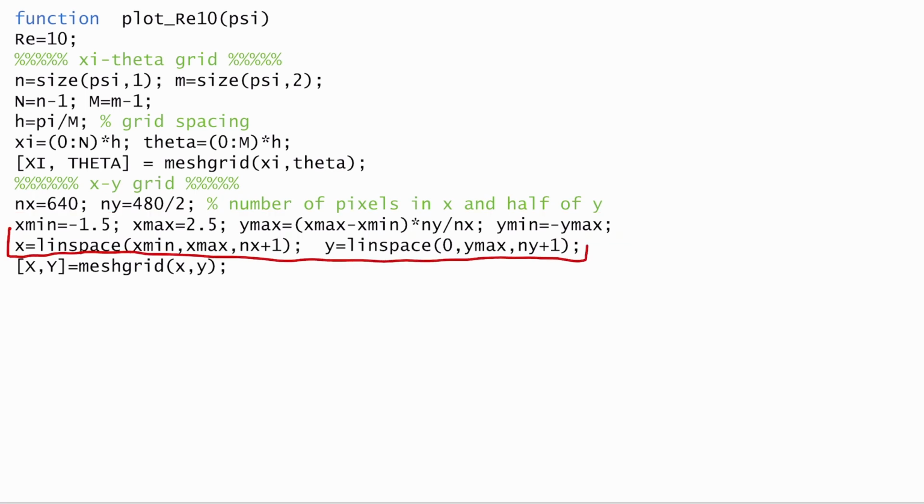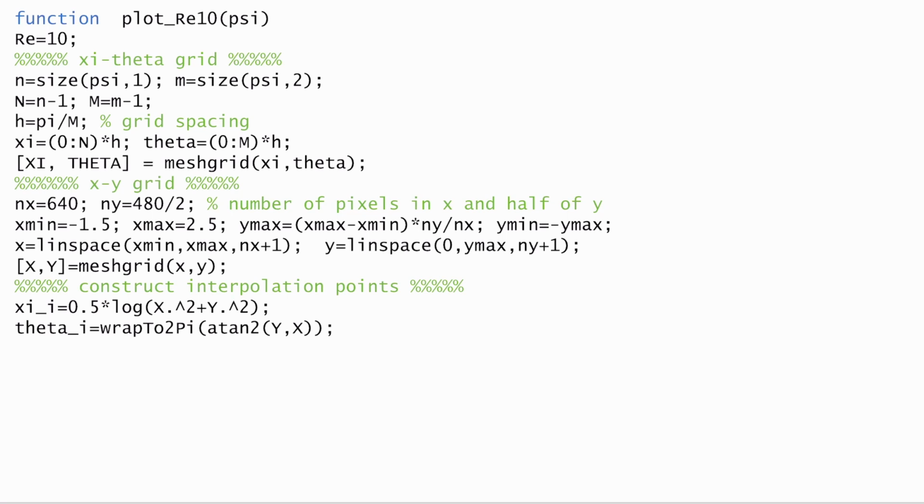I then use the linspace function to define the x and y grid points, and the meshgrid function to define the Cartesian grid. We want to interpolate to our Cartesian grid, but our data is on the psi theta grid, so we need to know the values of the Cartesian grid points in the psi theta space.